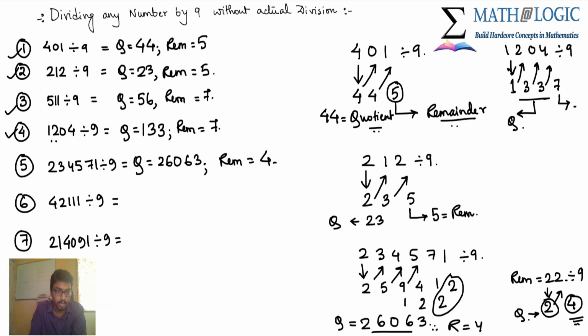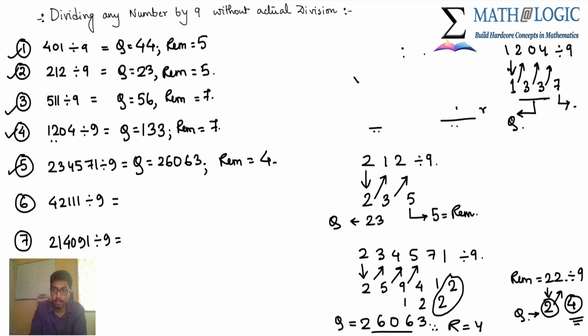Okay, so proceed to the next question. It is 411 divided by 9. First we will write the 4 as it is, then 4 plus 1 is 5. This is 4 2 1 1, sorry, 4 2 1 1 1 divided by 9.